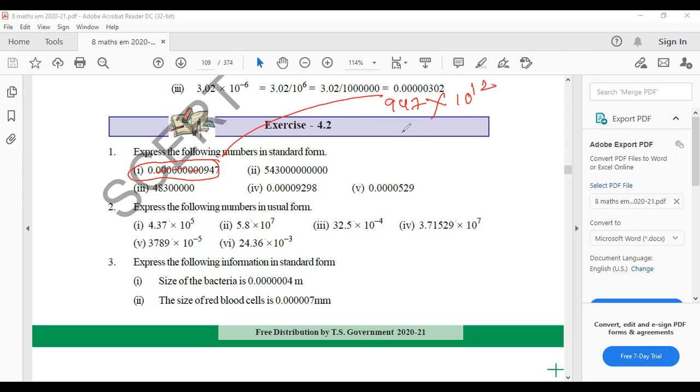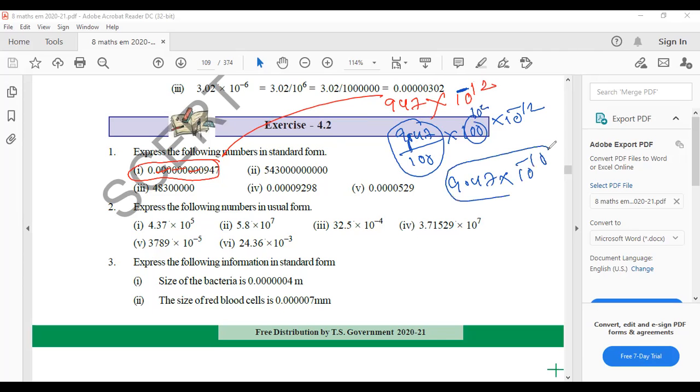You have 9.47, so you divide by 100. 947 by 100 is 9.47, times 10 power plus 2, times 10 power minus 12. So 10 power minus 10 is the answer. Clear?